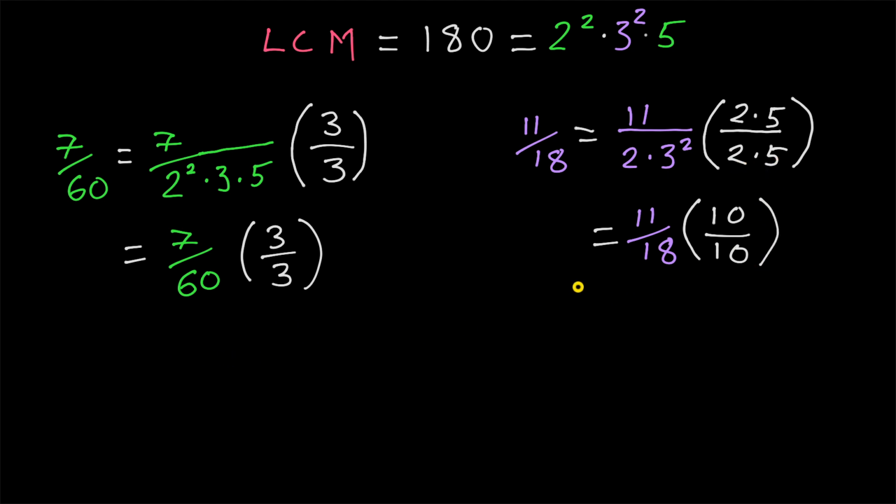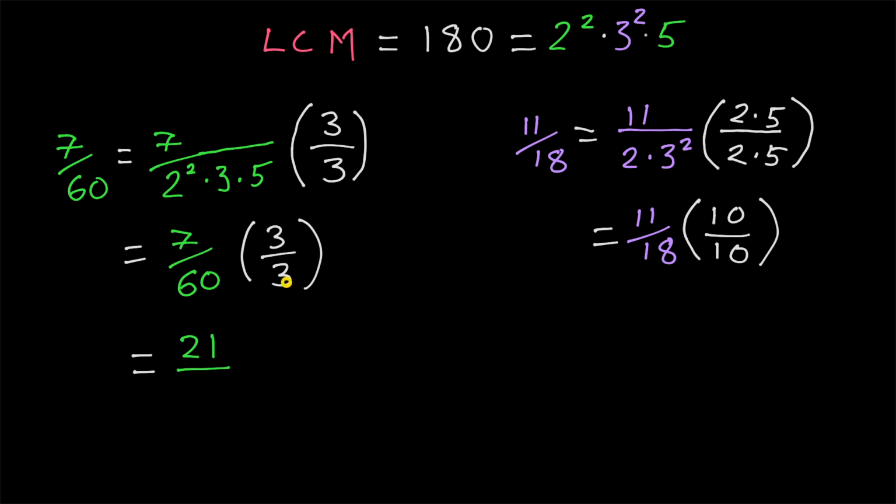Okay, and now we just have to perform very simple algebraic steps to get equivalent fractions. So on the left-hand side here, 7 times 3 is equal to 21. So we're going to get 21 in the numerator. And in the denominator, 60 times 3, well, it has to be equal to our lowest common multiple unless we made a mistake somewhere.